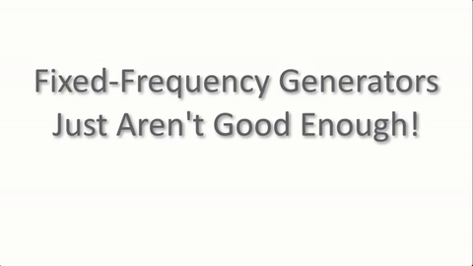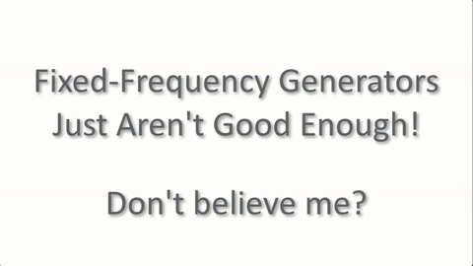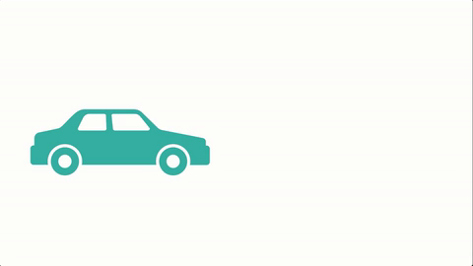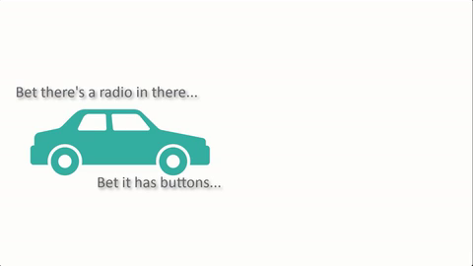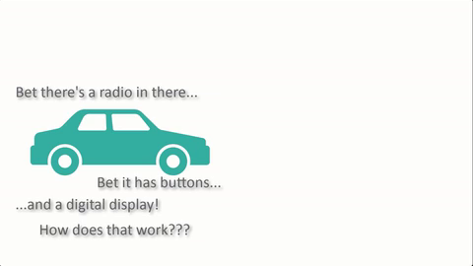Most of the time, you need some kind of frequency generator that can change frequencies easily. Don't believe me? Well, think about two common applications. First, in your car you probably have a radio, and unless you're driving an antique, that radio has some buttons and a digital display for the frequency. Well, how does that work?